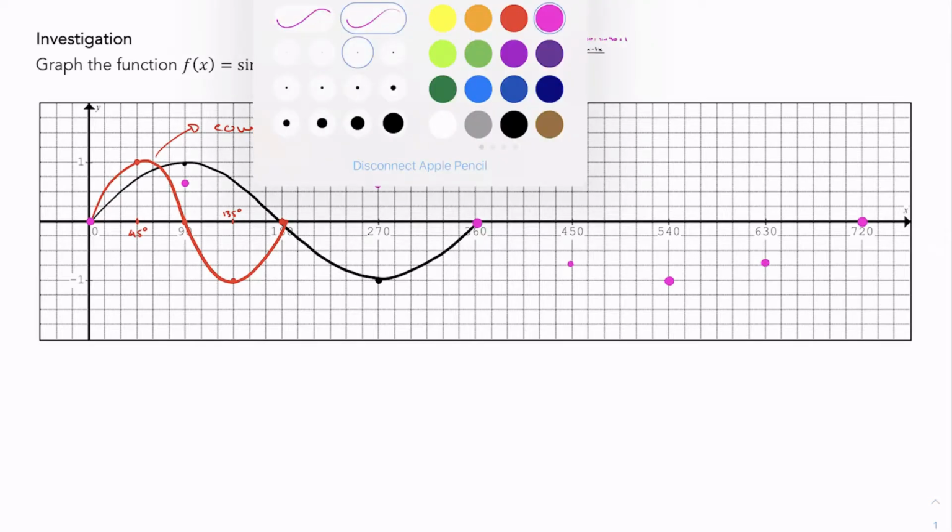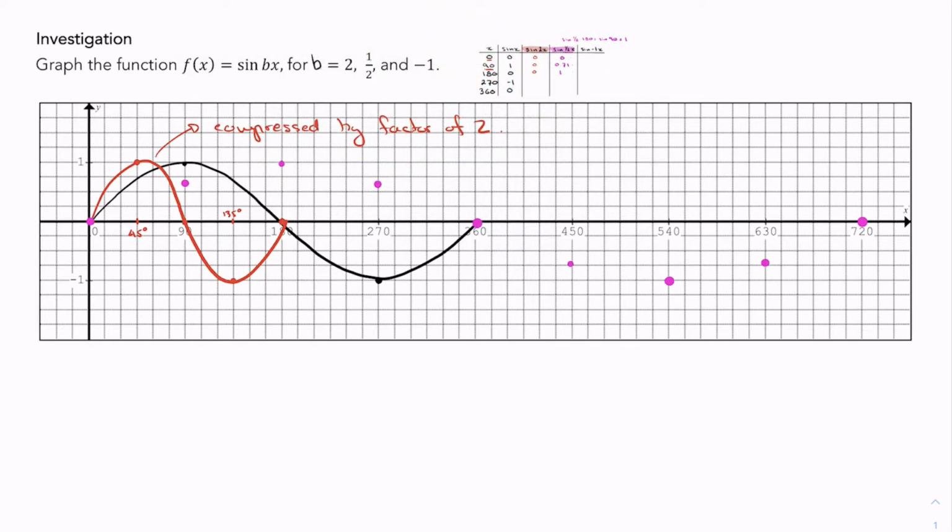So what we get is a long curve that goes up, comes down, and goes up again. And I kind of missed this point over here. Let's fill it in. You get the idea. So what do we have here? Well, we have a stretch by a factor of 1/2.